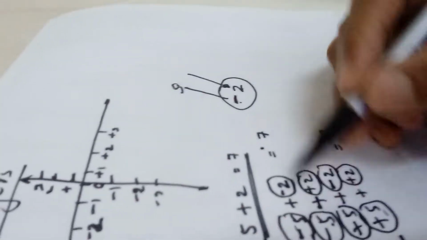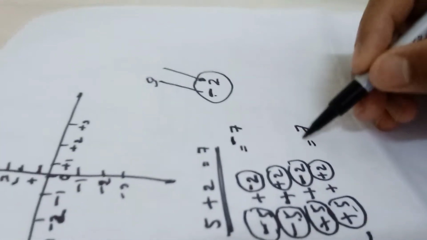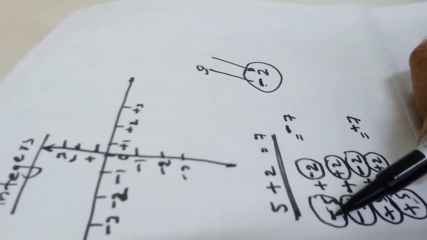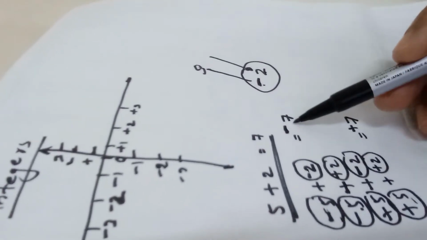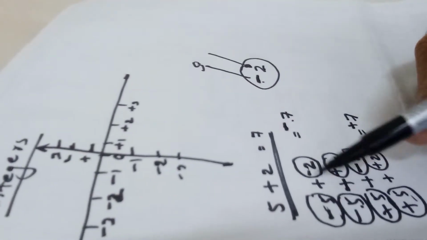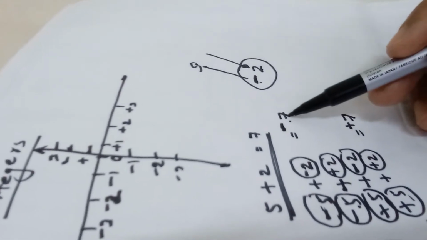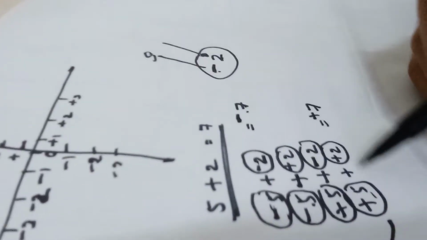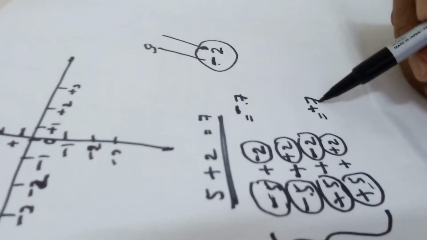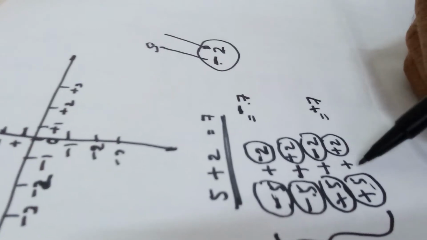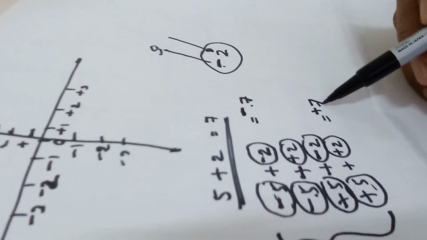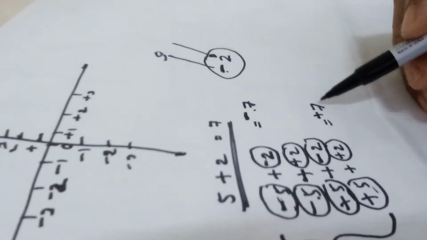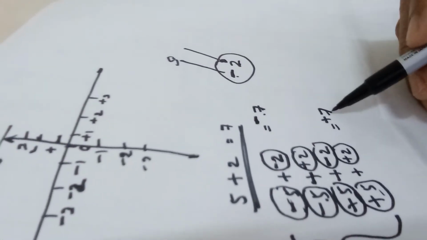But what is the sign? Here is the minus sign, here is a plus sign. Why? Both numbers are minus, so the answer is also minus. Both numbers are plus, so the answer is plus. Both numbers have the same sign, so the answer has the same sign, and the numerical values are added.